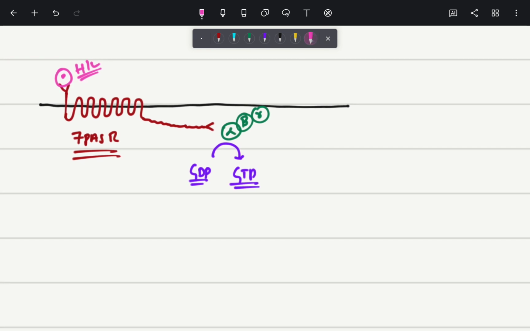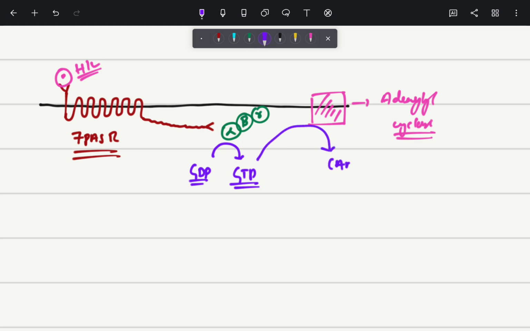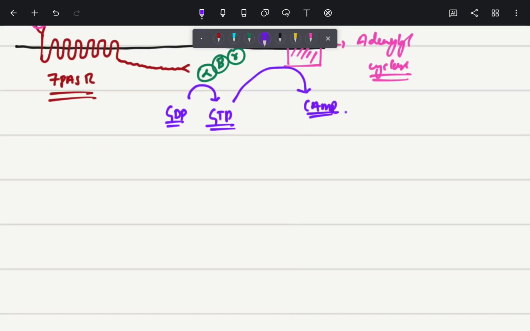Now this GTP will eventually go to a complex. This complex is known as your adenylyl cyclase. So the GTP will get converted into cyclic AMP with the help of your adenylyl cyclase.